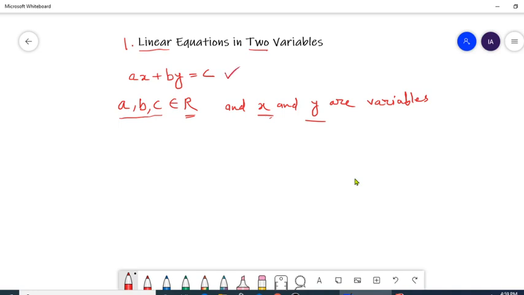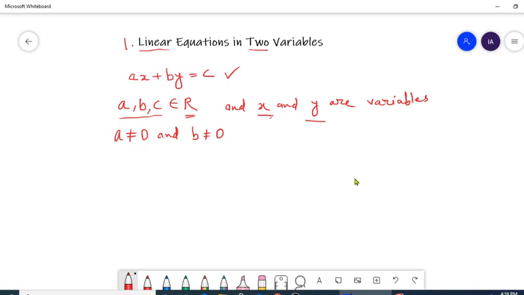So this is the basic general form of any linear equation in two variables: ax plus by equals c, where a, b, c can be any real number and x and y are the variables. But this form comes with certain do's and don'ts. For example, the value of a should not be equal to 0 and b should not be equal to 0.